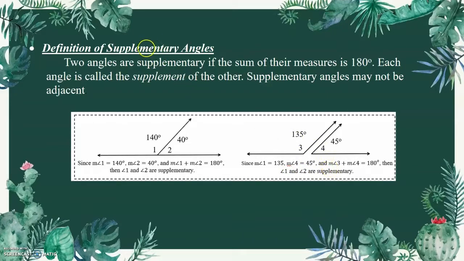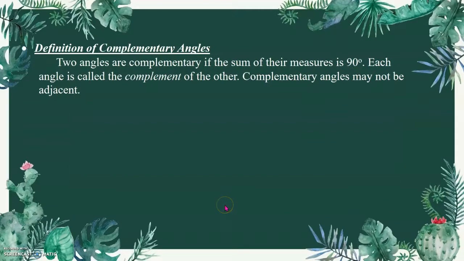Okay? So again, supplementary angles may not be adjacent. So, supplementary angles can share a common vertex and a common side, and can also not share a common side and a common vertex. Alright?